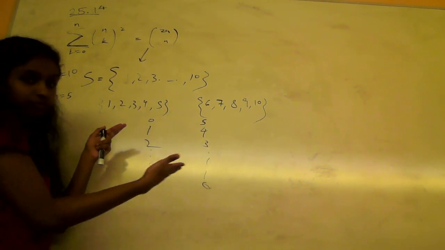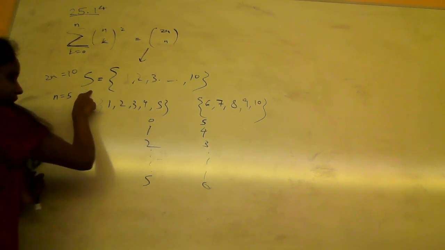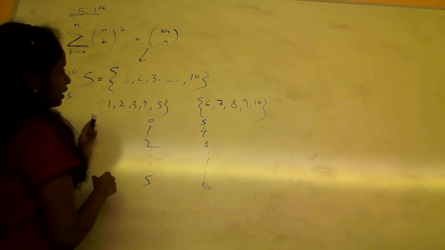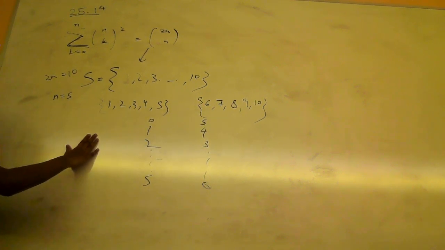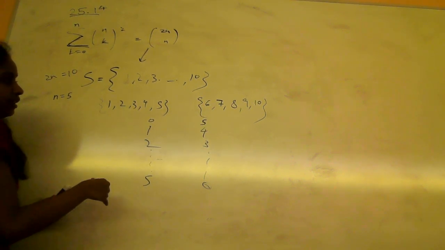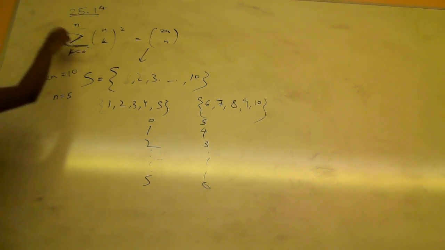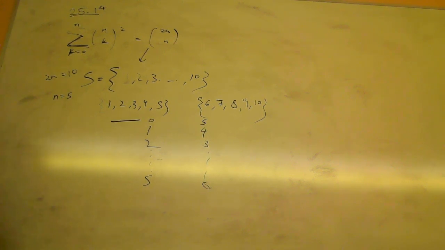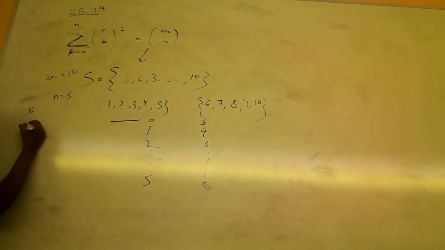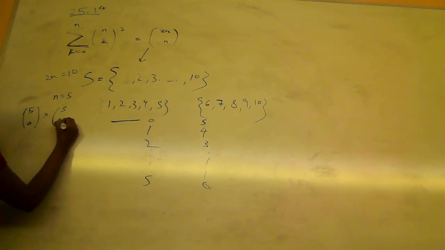I hope you understood that this is one of the ways to figure out the number of ways we can choose 5 elements from S. We just split it into 5 elements each, and we list out the number of ways we can choose 5 elements from both of these sets. Over here, k goes from 0 to n. In this case, we are choosing 0 elements from the first set and 5 elements from the second set.